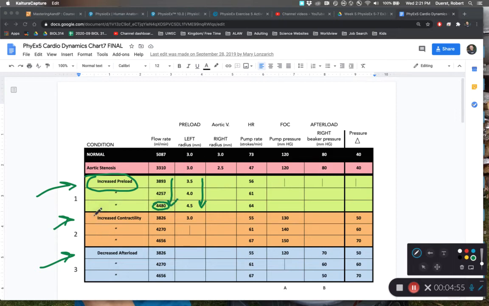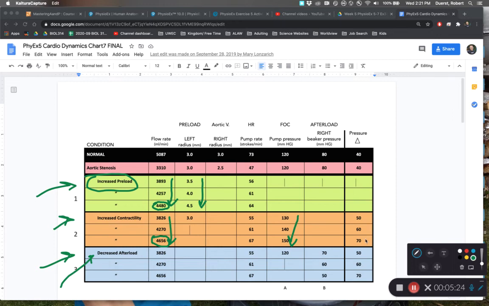As we look at increasing the contractility of the heart, that is equivalent to having an increase in pump pressure, and that increase in contractility caused the cardiac output to increase to 4,600 milliliters per minute. And then decreasing the afterload, or decreasing systemic blood pressure or back pressure, also influenced cardiac output.